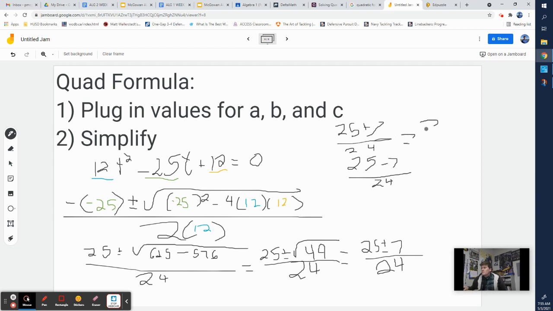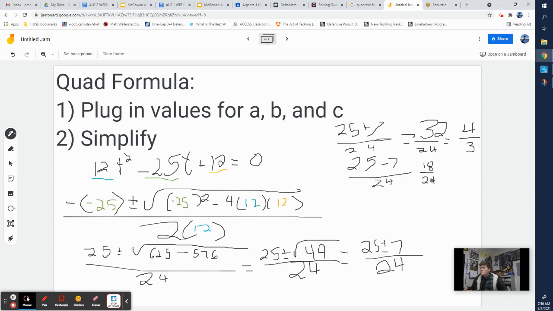25 plus 7 gets me 32 over 24, which I can reduce because 8 goes into both of those. 8 goes in the top 4 times. 8 goes in the bottom 3 times. 25 minus 7, is that 18? It is. 18 divided by 24.